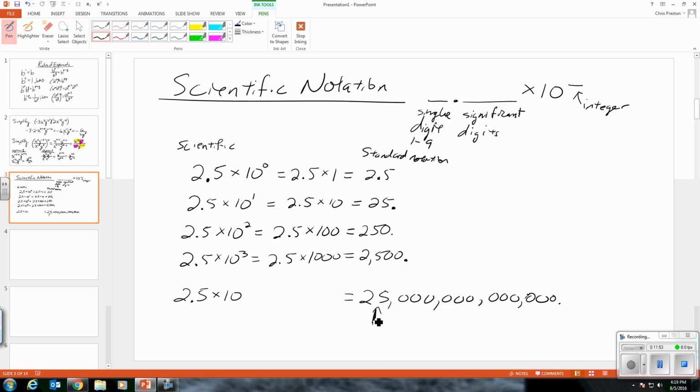How many spaces is it going to have to move? I'd say, well, it goes 3, 6, 9, 12, 13 spaces. So this is 2.5 times 10 to the 13th. That's a way I can write that 25 trillion in scientific notation format.